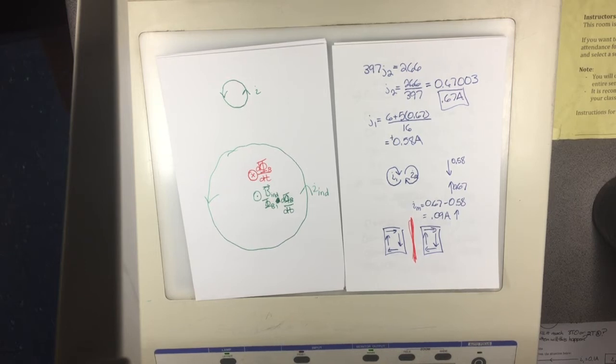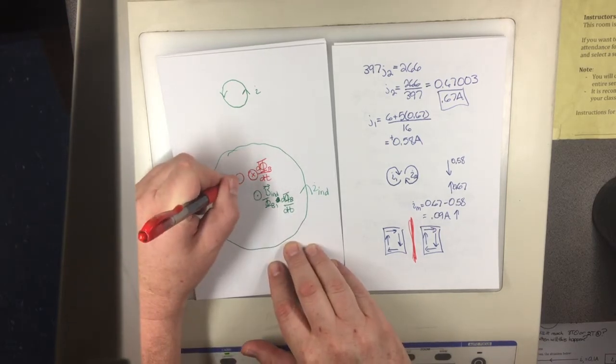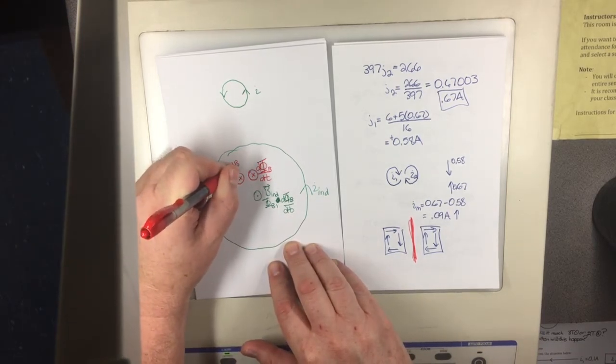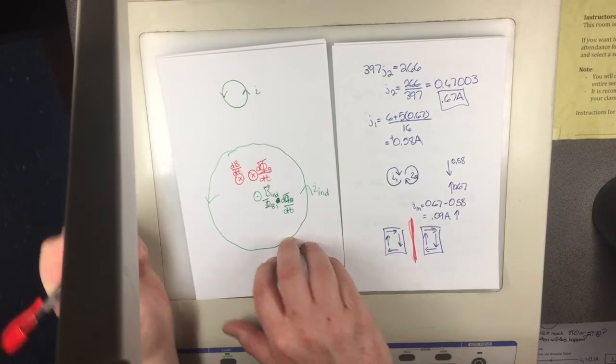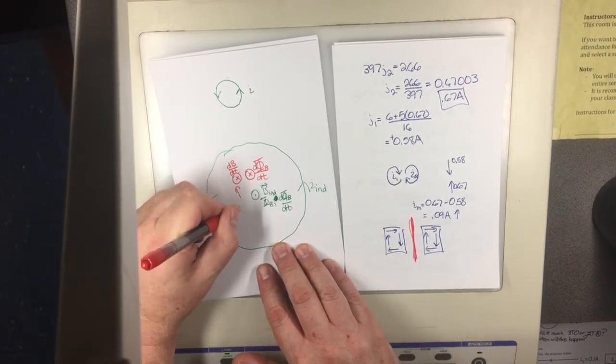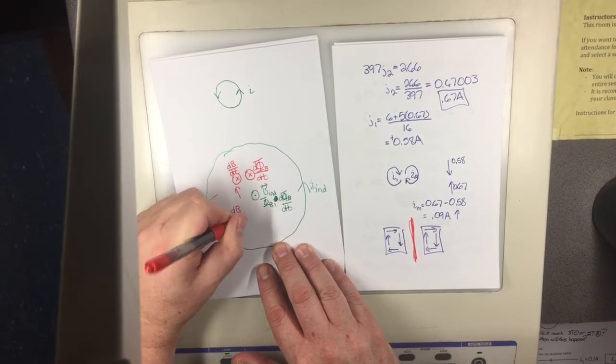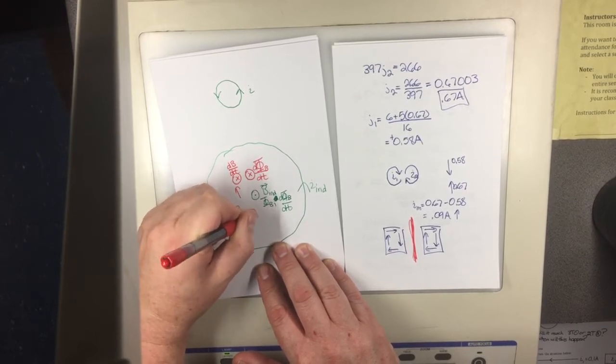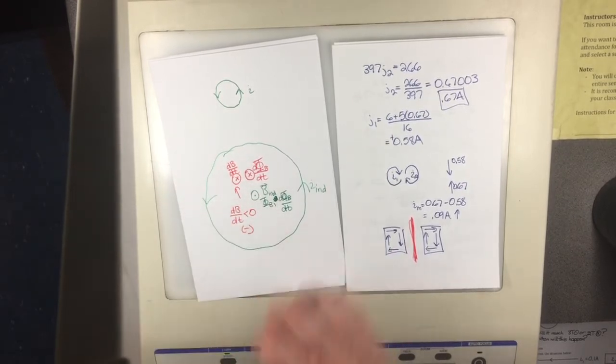To get the change in magnetic flux with respect to time to be in, and B field is the only thing that changes, the dB dt must be in. So the dB dt is less than 0 or has a negative slope.